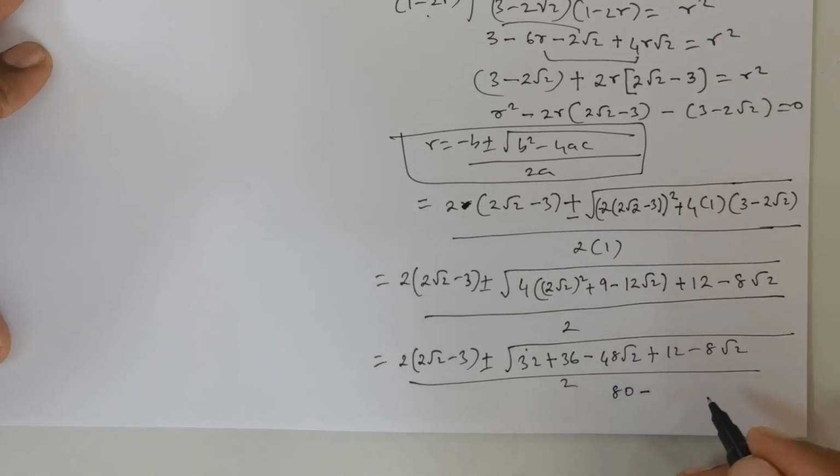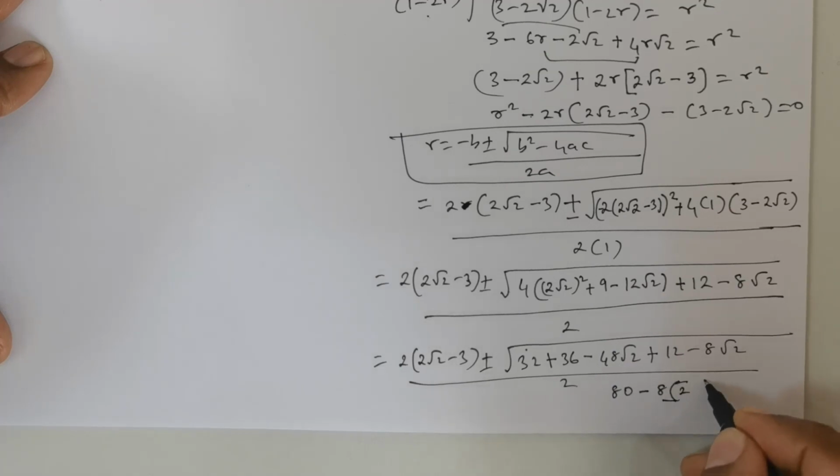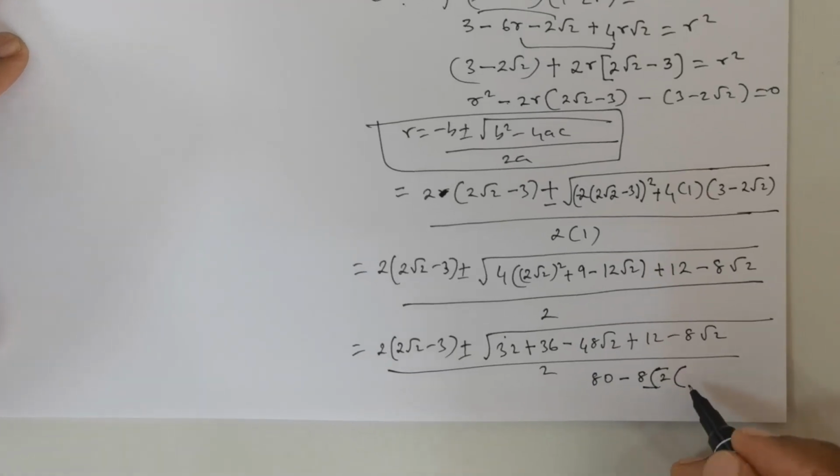So I can take an 8 out. If I take an 8 out, in fact I can take 8 and I can take root 2 out. So this is going to give me 6. 6 8s are 48, negative sign, and another negative sign, right? 6 8s are 48.